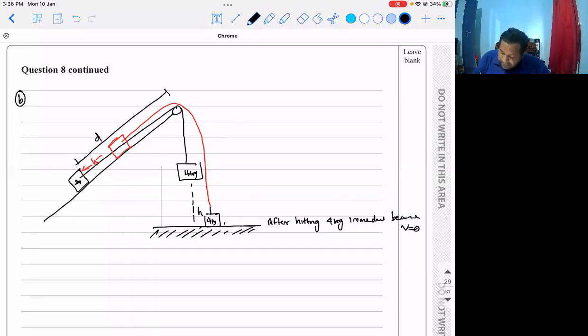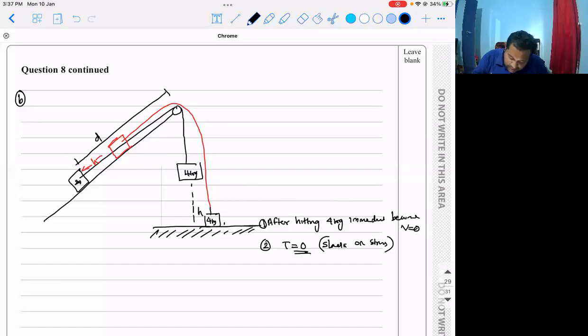And at the same time, the tension on the string becomes 0, because a slack happens on the string. That means there is no tightness it will feel, because it now lies on the ground. So we will find the additional distance moved by the particle whose mass is 2 kilogram after the 4 kilogram mass hits the ground.